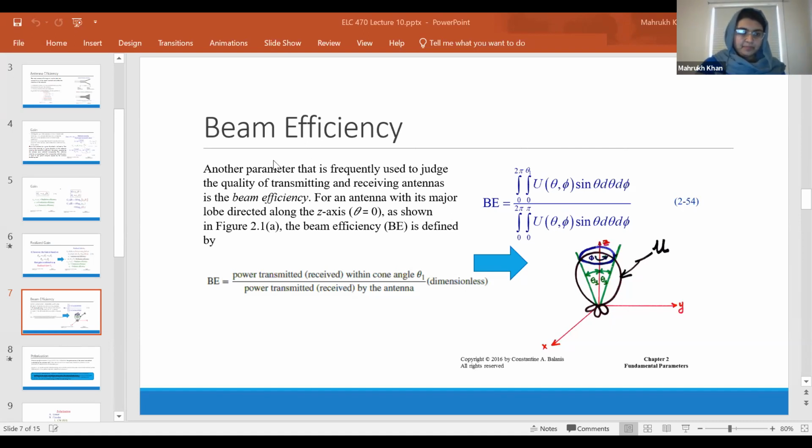Okay. So this beam efficiency is very important for radio astronomy or the antennas where you need to send the signal far away. Like in satellites, where you have to send the signal far away, you do not want your beam efficiency to be less.